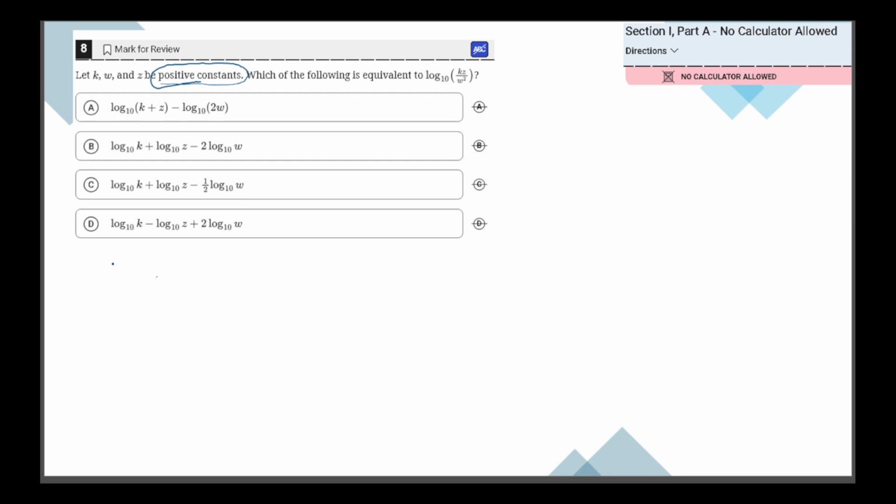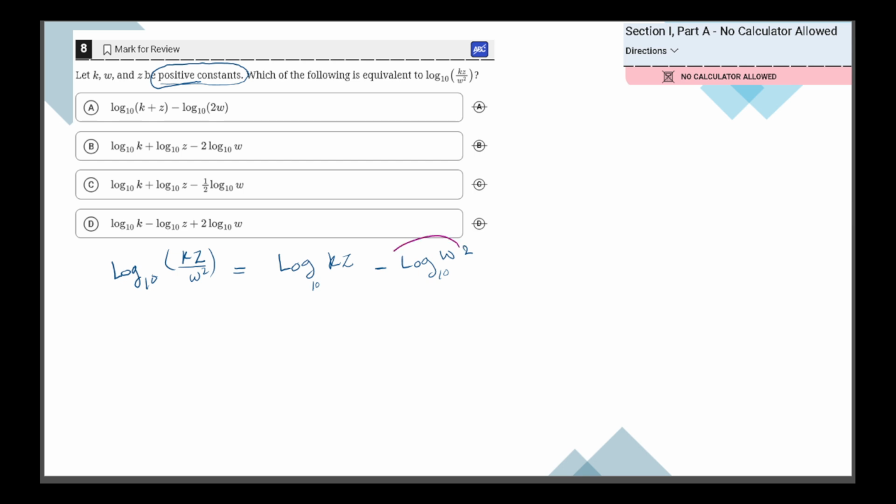Let us write log base 10 of kz over w to the power 2. That equals log kz minus log to the base 10 of w to the power 2.